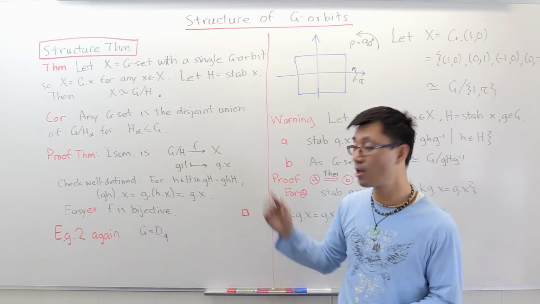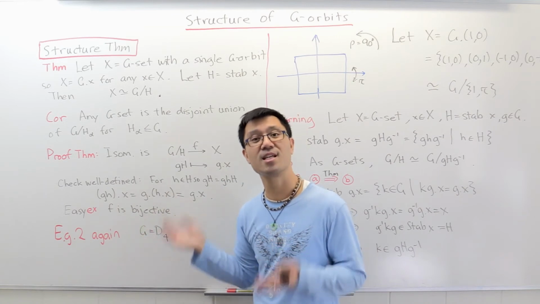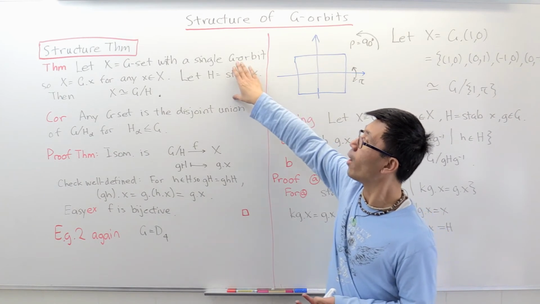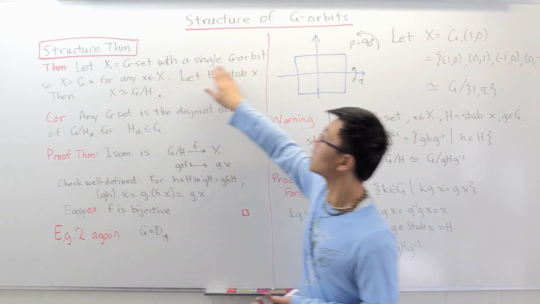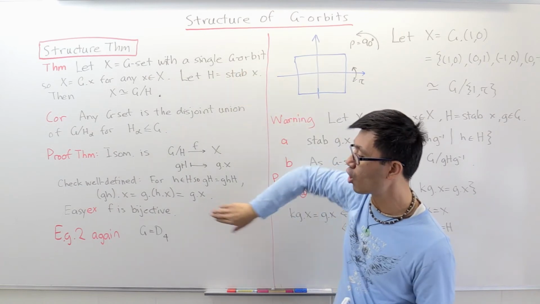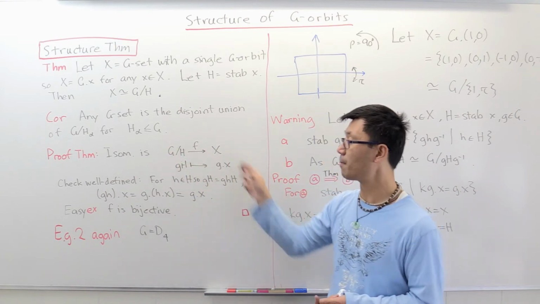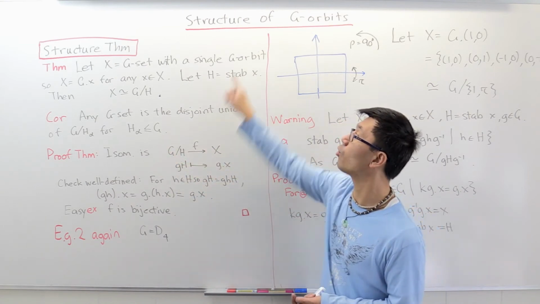Then to complete the theorem, all you need to do is show that f is bijective, and that's a fairly easy exercise I'll leave for you. But the most important thing is: where have we used the fact that this G-set is a single orbit? That's to show that this is surjective. So what's the image of this map? It's all the little g.x's as little g varies over the whole group.